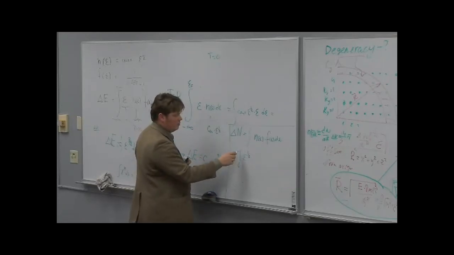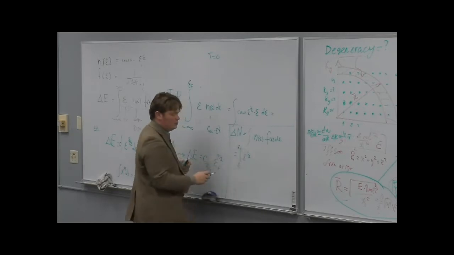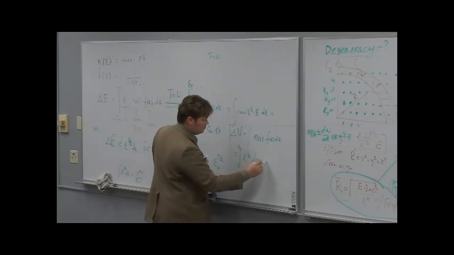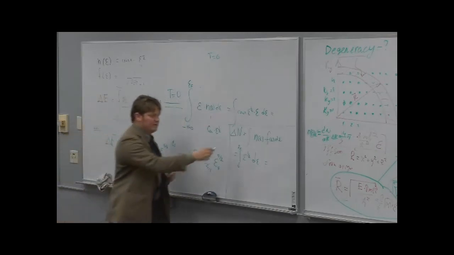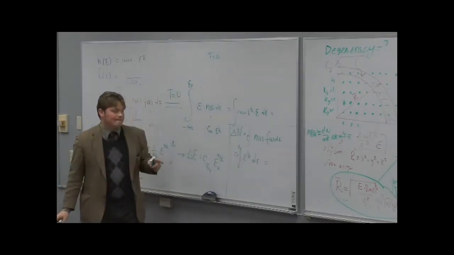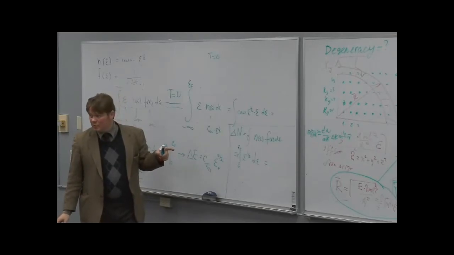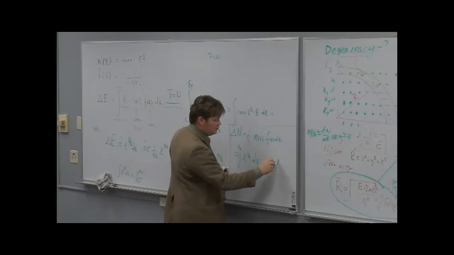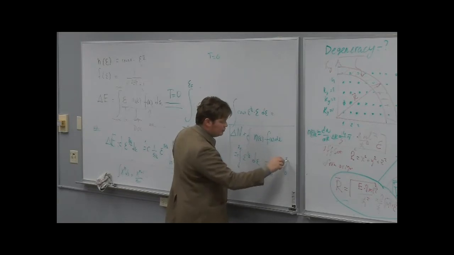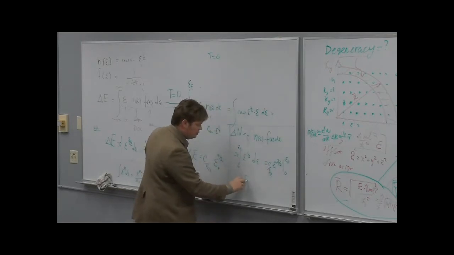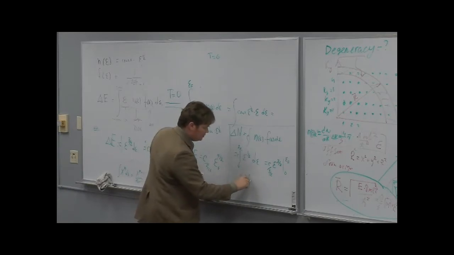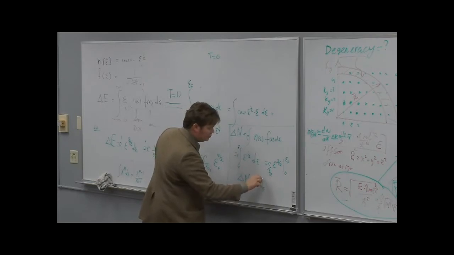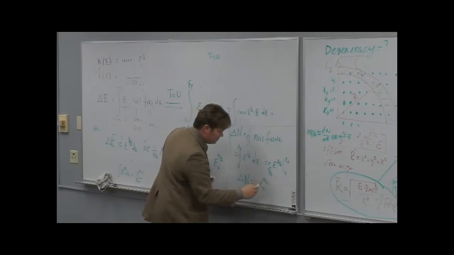Therefore, we integrate only until the Fermi energy, where occupation is equal to 1, dE. And there are constants. Integration of power 1/2 leads to power 3/2, and we evaluate it from 0 to the Fermi energy. So the total number of electrons will be a constant times the Fermi energy to the power 3/2.